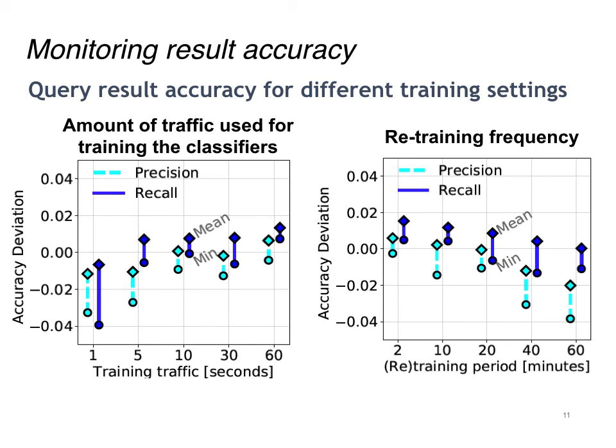In the left plot, we focus on the amount of traffic used to train the classifiers, while in the right plot, we focus on the retraining frequency. Both settings have an impact on accuracy. However, the degradation never exceeds 4% in our experiments.